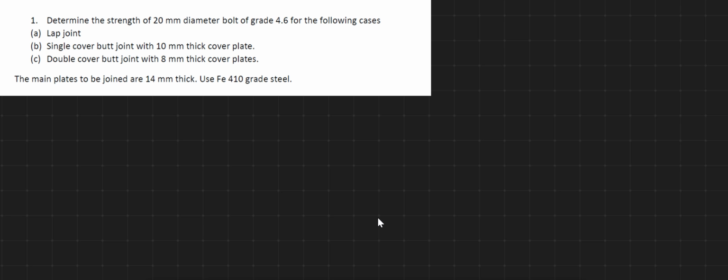The first one is, it is given the grade of the bolt is 4.6. The ultimate strength of the bolt, I could say, as Fu is equal to 4 into 100 Newton per mm square, that is 400 Newton per mm square.